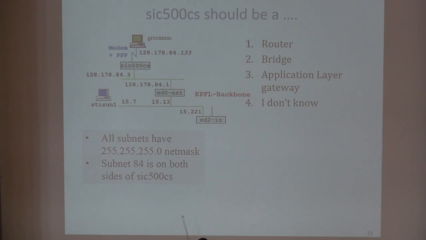Here is a real-life case that is not so much used, but is still existing at EPFL. If you want to access EPFL via modem and PPP, perhaps because you're in Syria doing a special experience and you have only satellite access over satellite telephone, then you would go to a box called SIG 500CS, which you call by telephone, and that is connected to the rest of EPFL here.